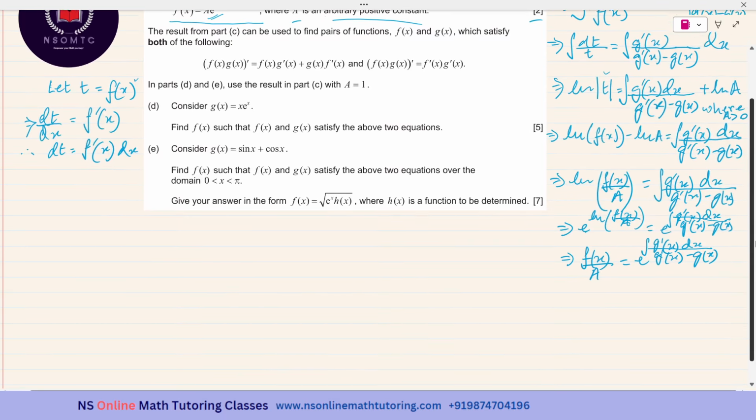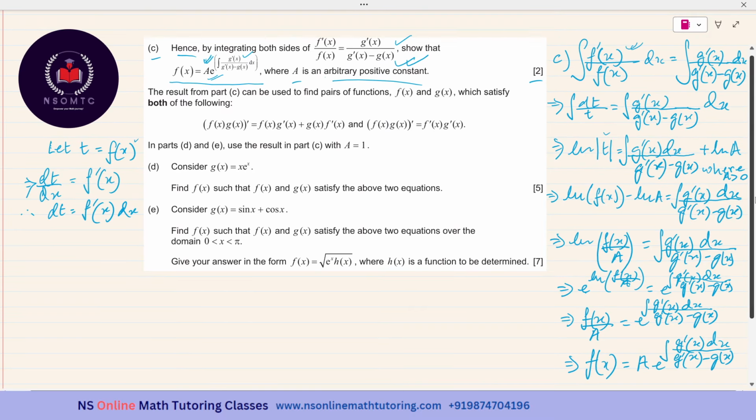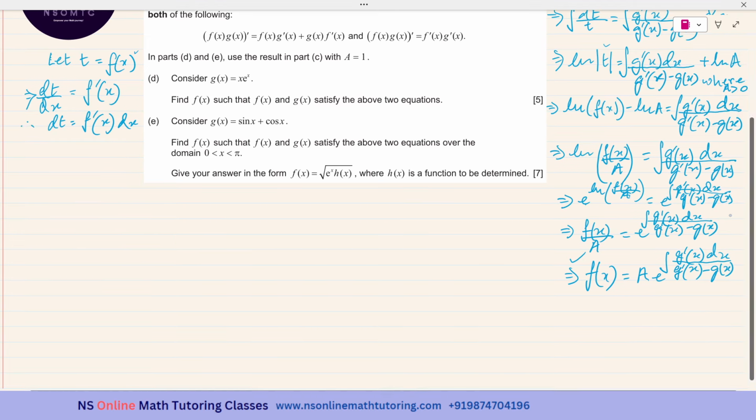And so this is f of x equal to, multiplying a on both sides of the equal to sign, a times e to the power of the integral of g dash x dx over g dash x minus g of x. So this is what they have asked us to show. So we have shown this.